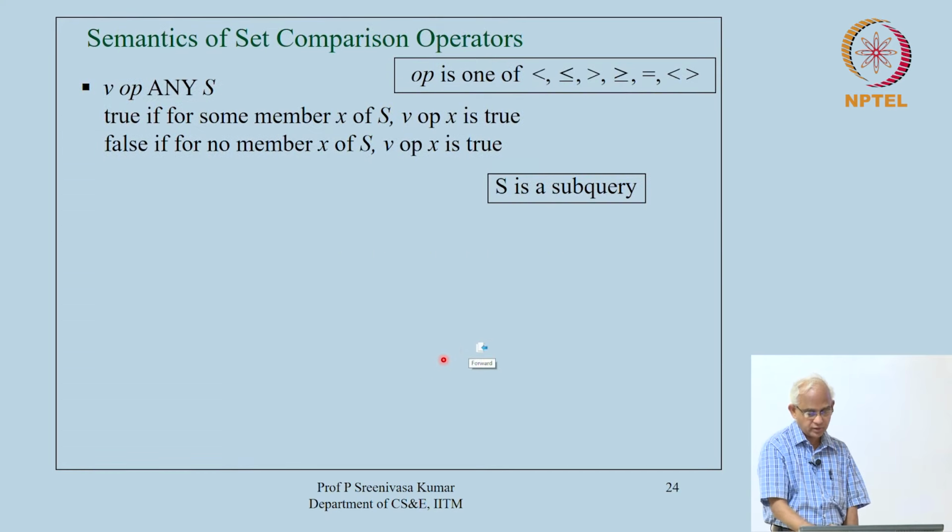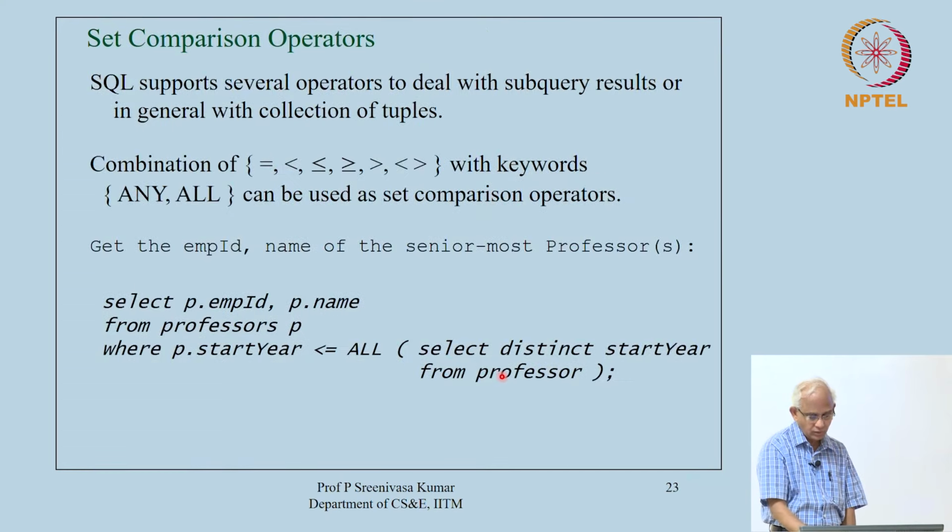This subquery is simply taking all the start years of all professors and generating a set of start years actually. Because now, what is this doing? It is just checking that for an individual professor, the start year is less than or equal to all the values here.